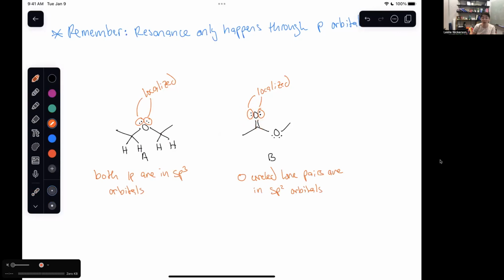So if I look at my other oxygen, I'm going to switch over to green for these ones. Again, we're going to look to see if we can fulfill any of our resonance patterns here. So we'll look at this lone pair right now.